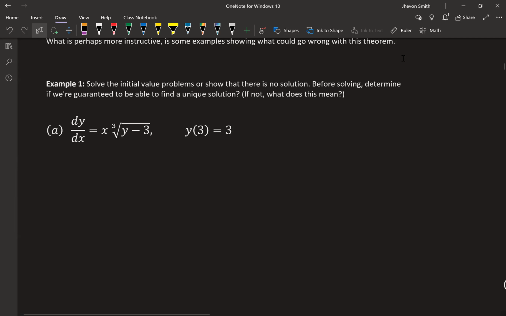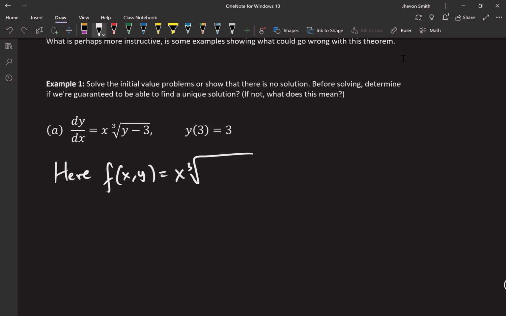Our f here is a multivariable function, so you can't really say y prime. So here, our f of x, y is x times the cube root of y minus 3. What derivative would we check?